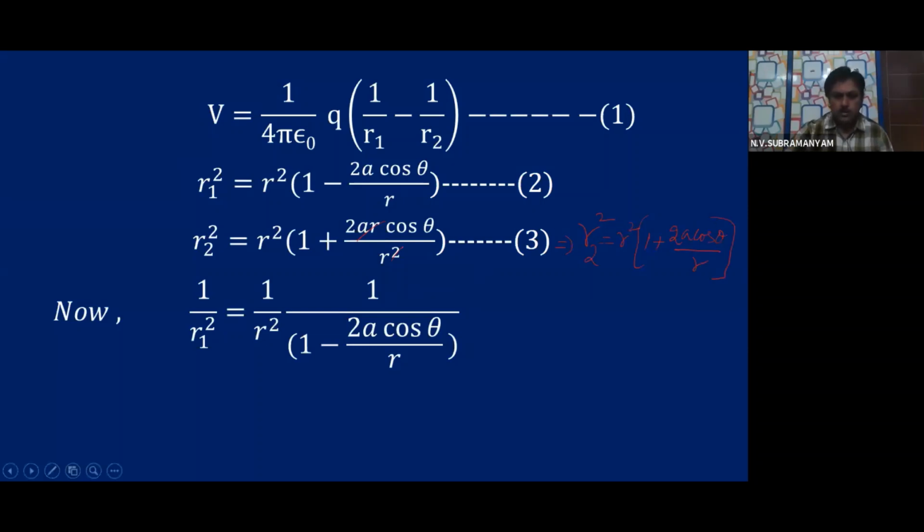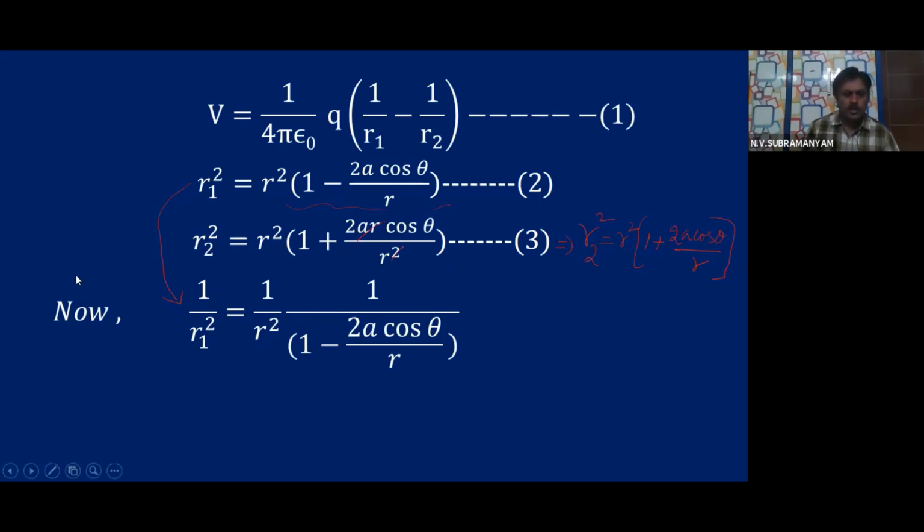Okay, so now again come back to the first equation. If you take r1 square is r square into 1 minus 2a cos theta by r, then take the reciprocal of the total equation. The reciprocal of r1 square will be 1 by r1 square, the reciprocal of r square will be 1 by r square, and this term also we take the reciprocal of totally, 1 by 1 minus 2a cos theta by r.